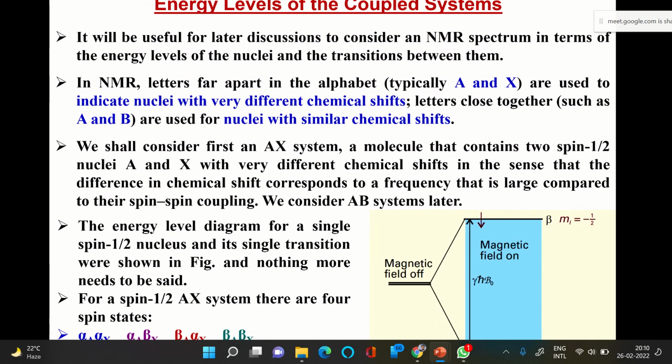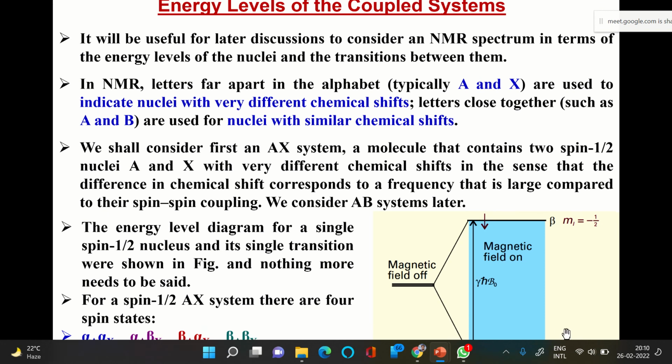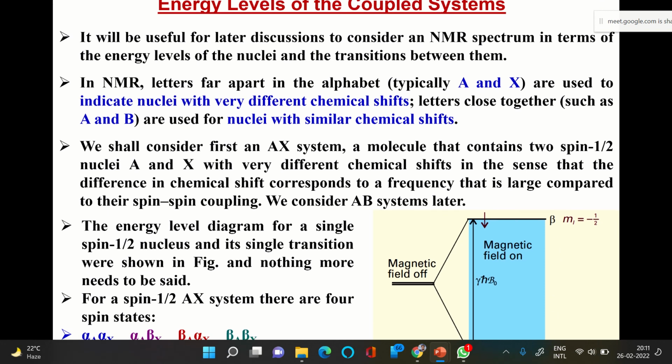Yeah, this is the picture that we already know about for a single nucleus. If you have one nucleus, you can think of ms as plus half and minus half.